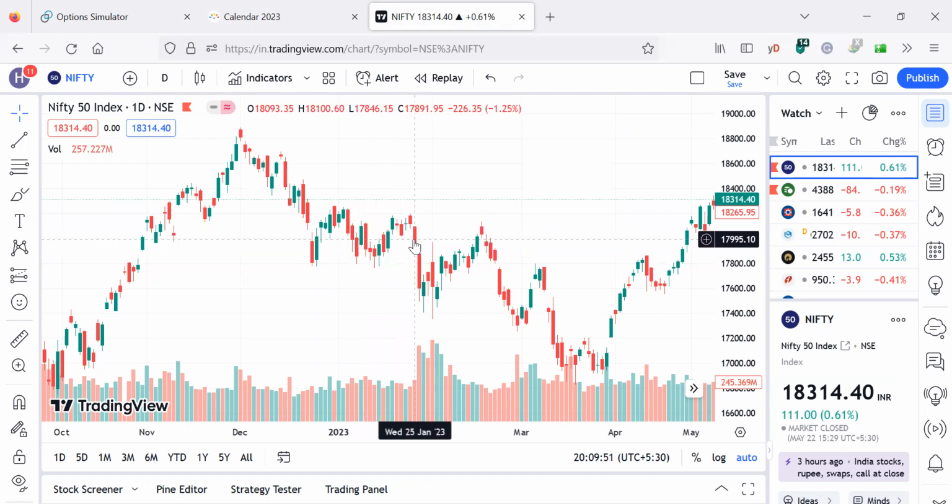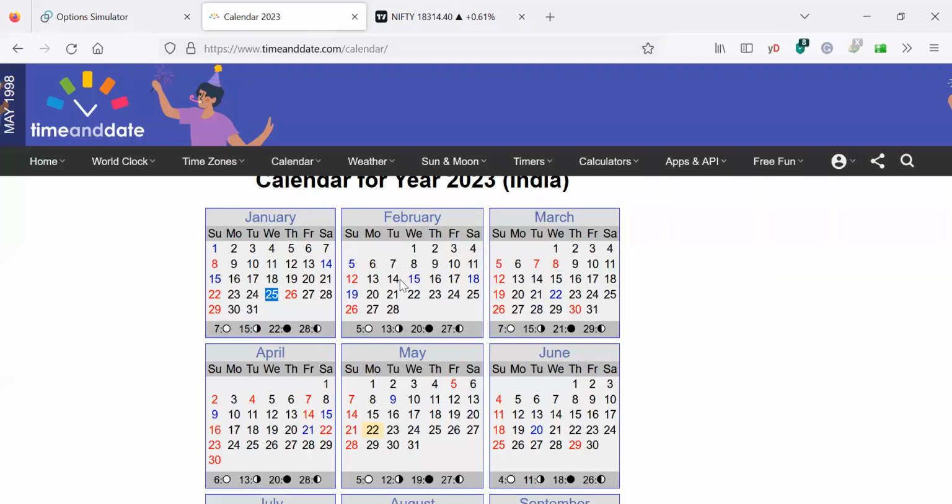For the example, we will take into consideration the February month, because if you check here, whenever we are creating the strategy, it goes down and then again goes up. So adjustments are required in this situation. Let's say we are creating the iron fly for the month of February.